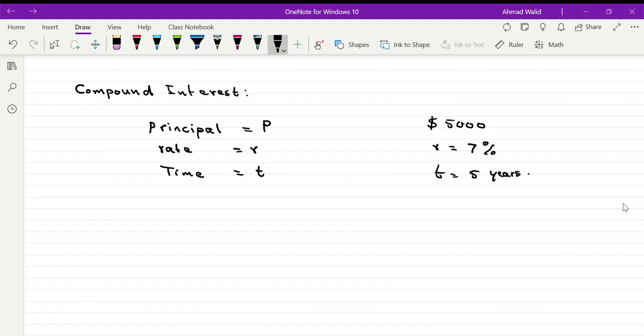Here n represents the number of compounding periods per year. Let me put first here: number of compounding periods per year, correct?